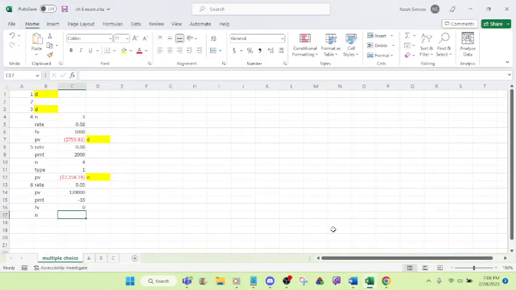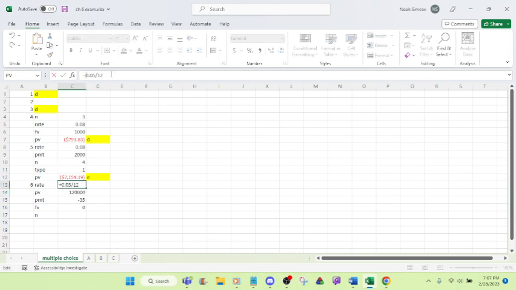Therefore, because we're relying on months, we have 12 periods, which means we have to divide the rate by 12. This number is 0.05 divided by 12 because there are monthly payments. So to keep everything consistent, this needs to be divided by 12.